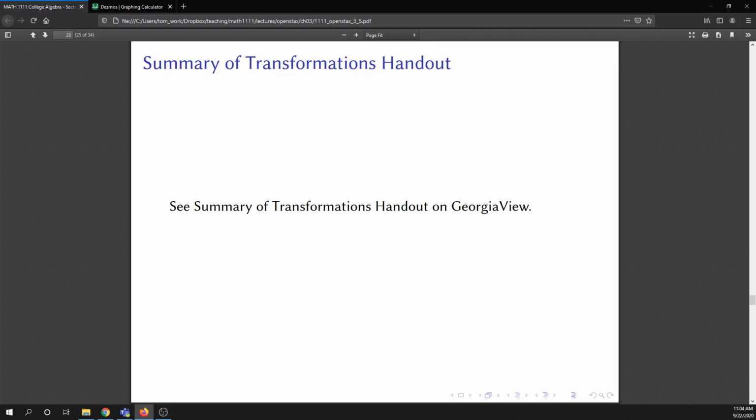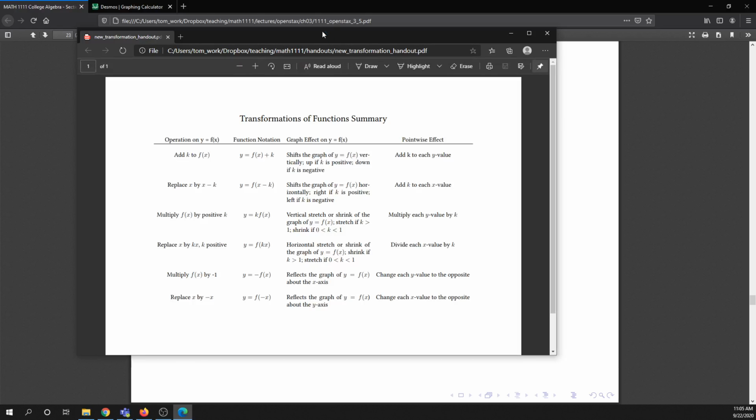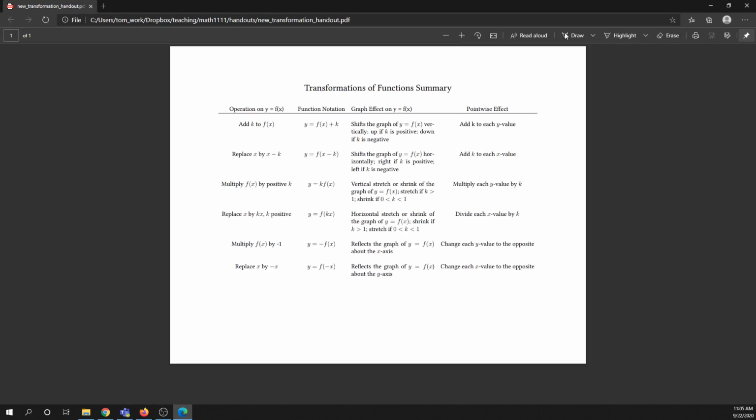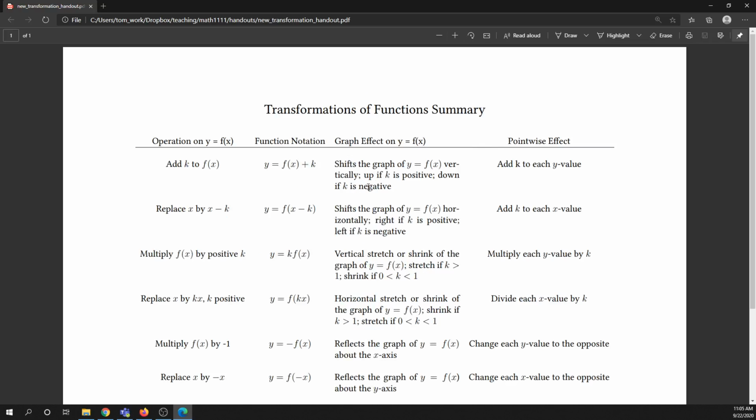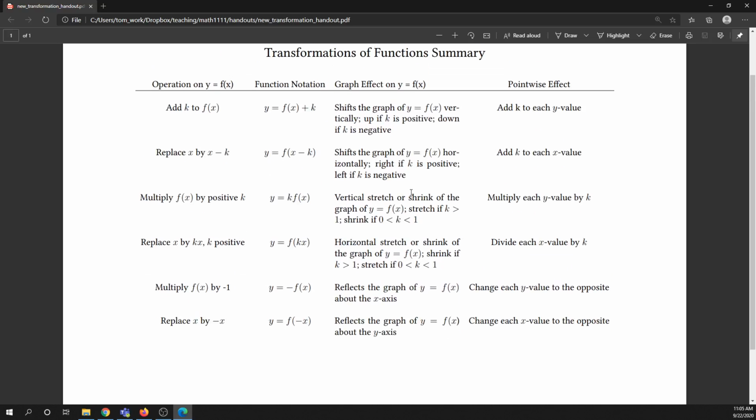I do have this handout. I will post this on Georgia View. Let me see if I can pull it up quickly now without wasting a bunch of time. So, summary of transformations. This will be posted on Georgia View, and I have all of the 6 transformations here.